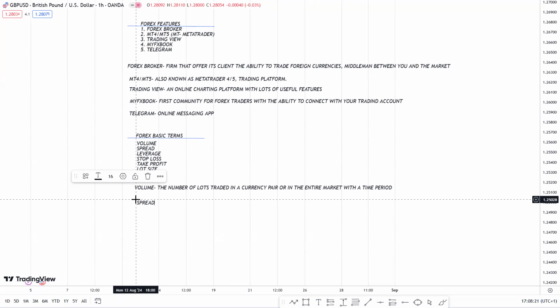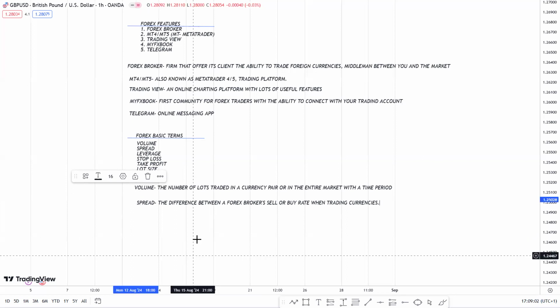Spread. Spread is the difference between a forex broker's sell or buy rates when trading currency pairs.